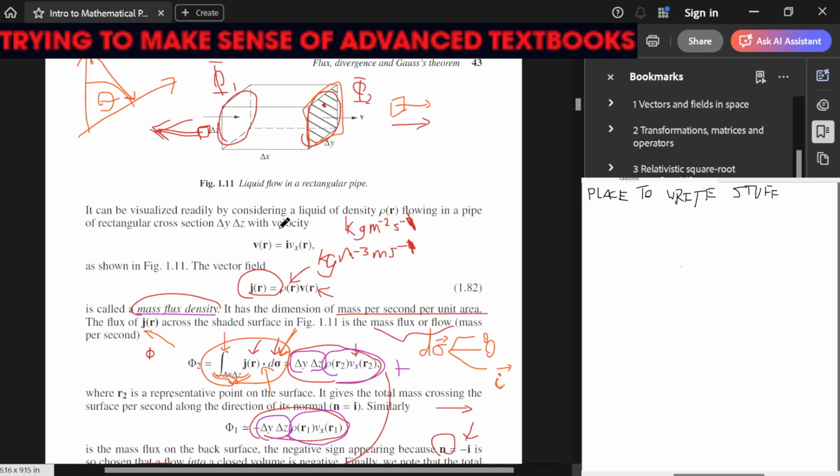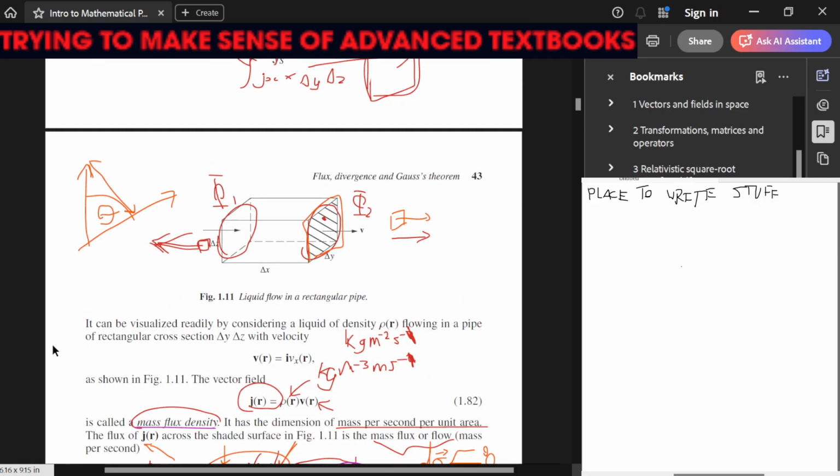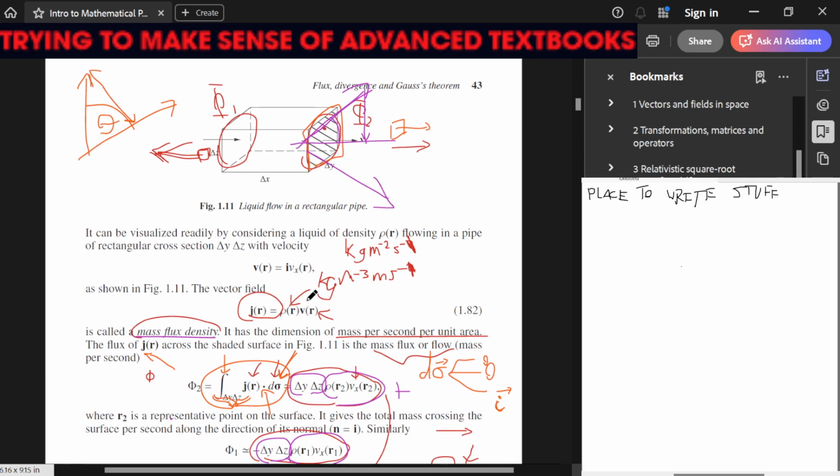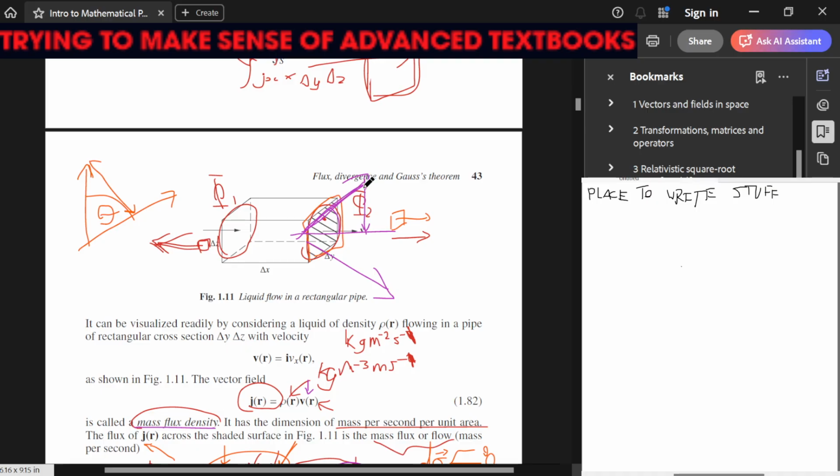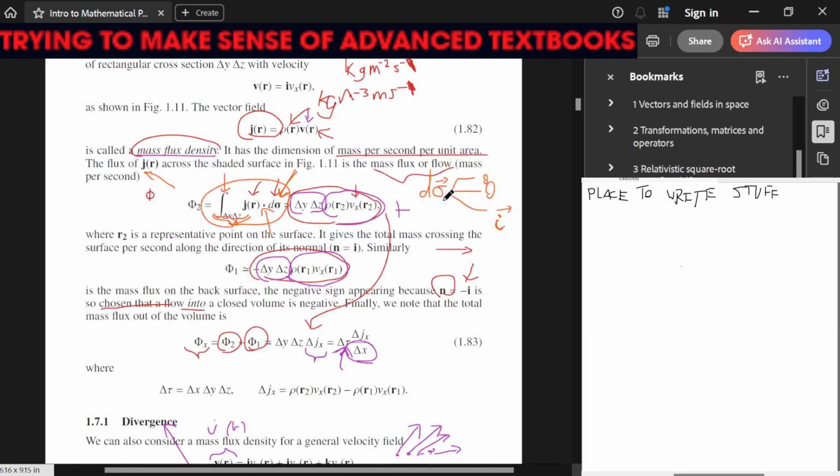So what are we doing? Mass flow. So we assume the water is spewing out like this. The dot product is just going to project the mass times the velocity, I don't know. It's projecting that onto the direction of the normal.